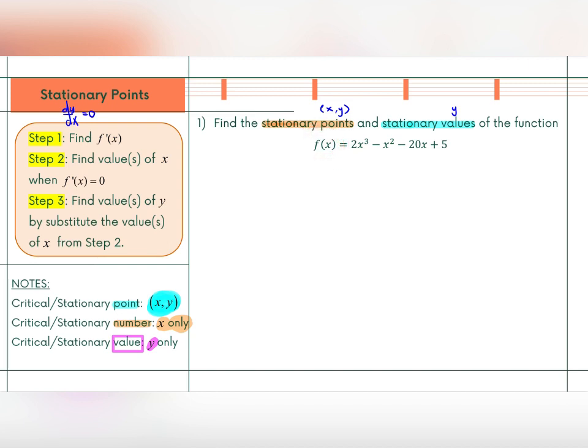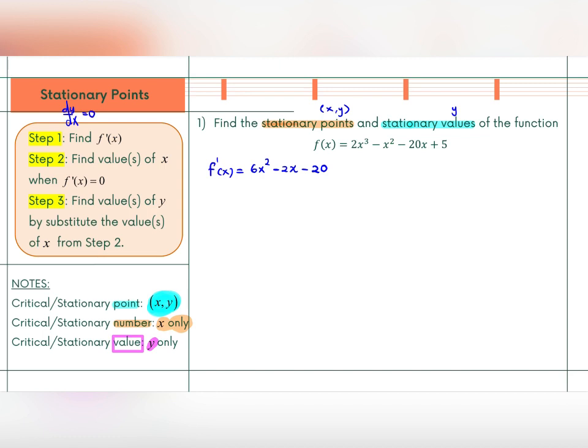Okay, step yang pertama, kita cari f prime x. So, differentiate our function here. So, 2x cube, differentiate dapat 6x squared. Differentiate negative x squared, kita dapat negative of 2x. And differentiate negative 20x, kita dapat negative 20.